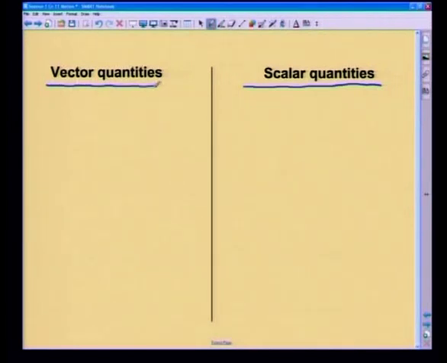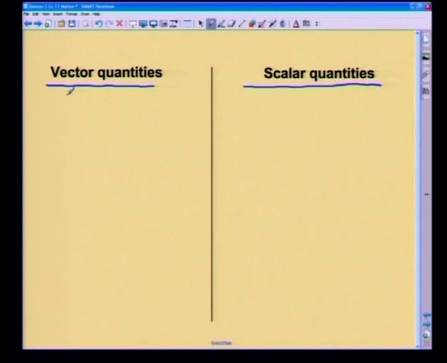Now, here we are going to list 2 different types of physical quantities. These are vector quantities on the left, and on the right, we're going to have scalar quantities. Then the question is, what are scalar quantities? We now know about vector quantities.